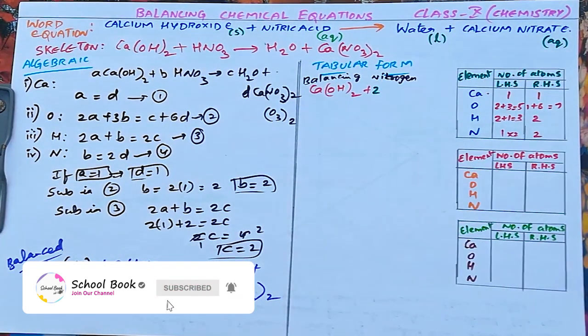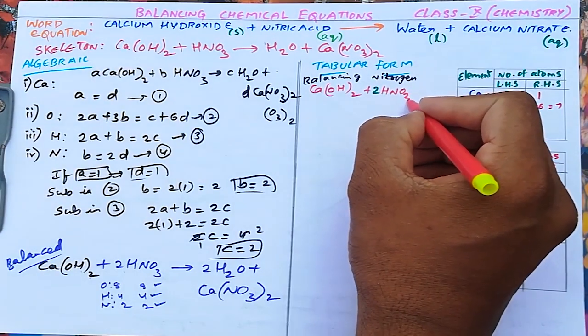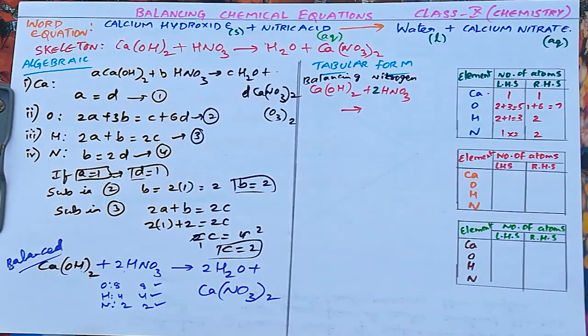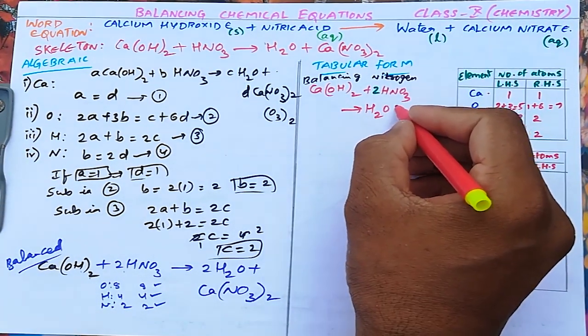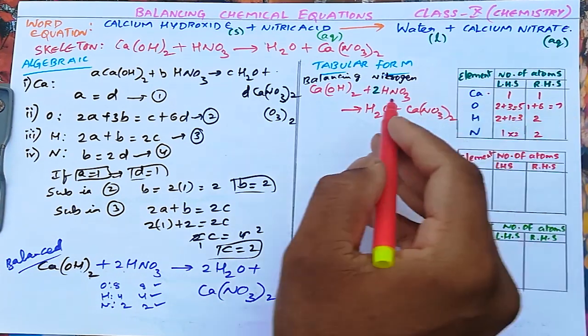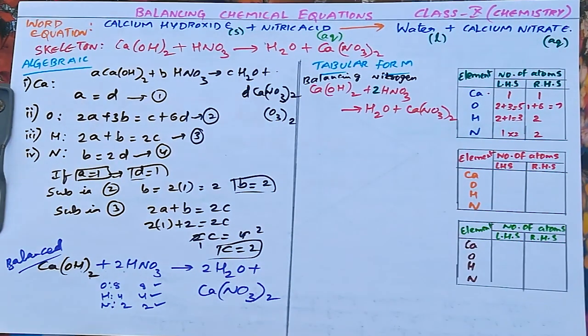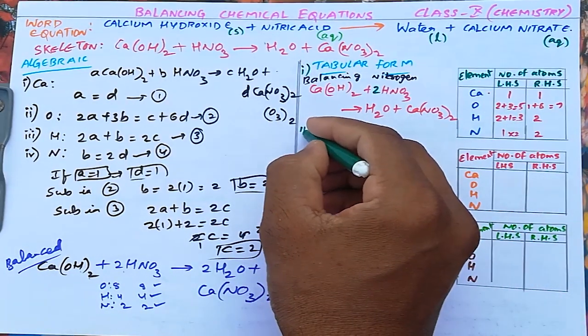So 2 times of HNO3 gives rise to H2O plus Ca(NO3)2 taken twice. Now nitrogens is balanced.